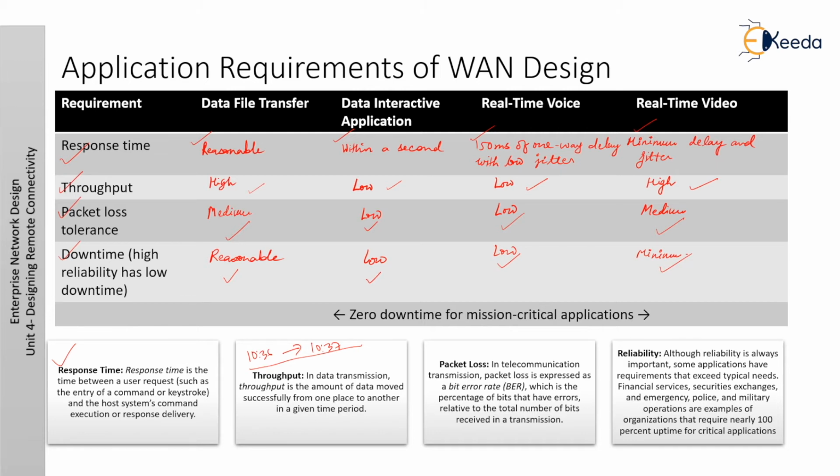Suppose 1 GB of data is moved in 1 second and my data is 60 GB, so 60 GB is moved in 1 minute. Then my throughput is very high.